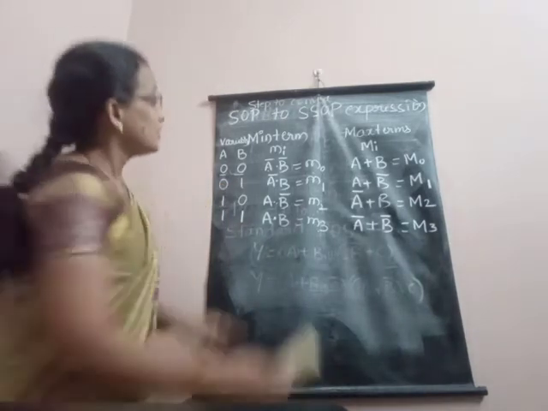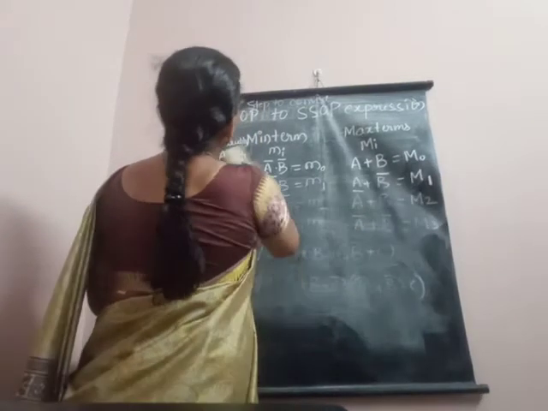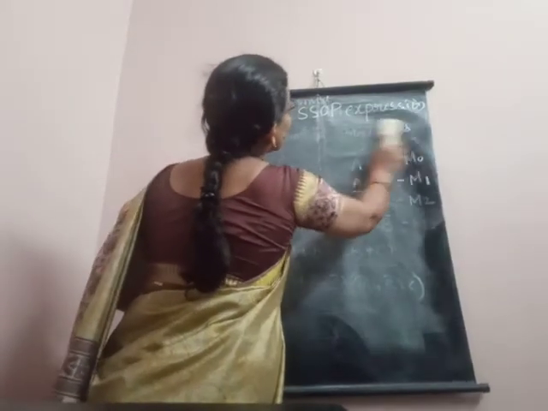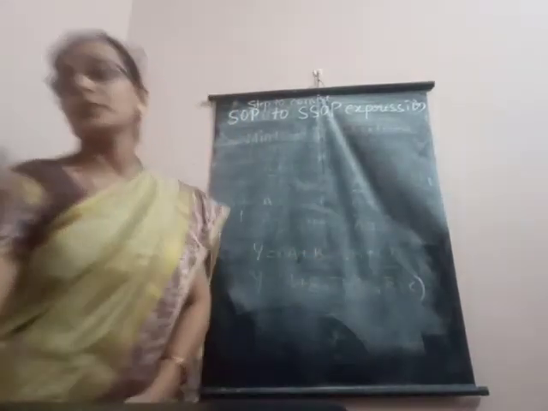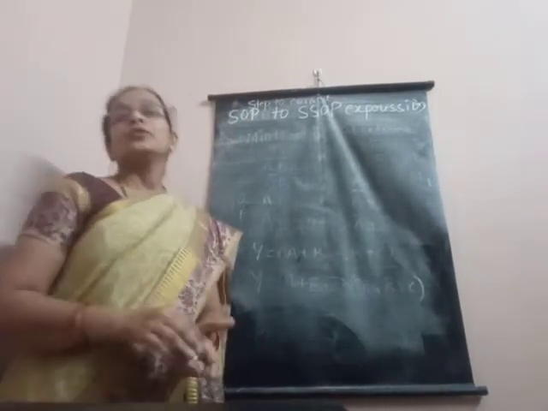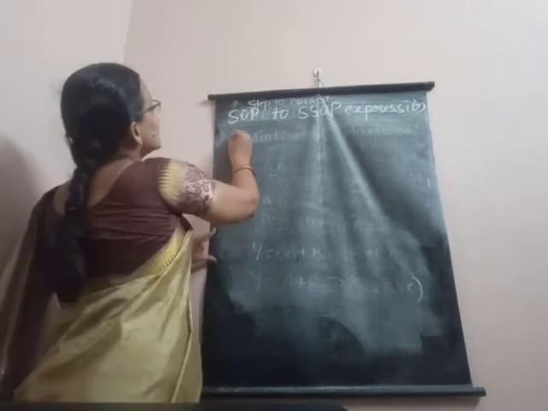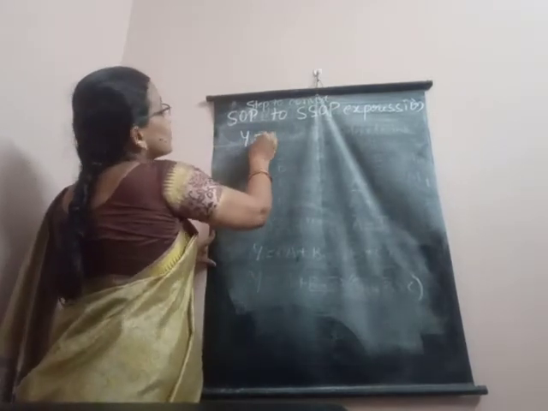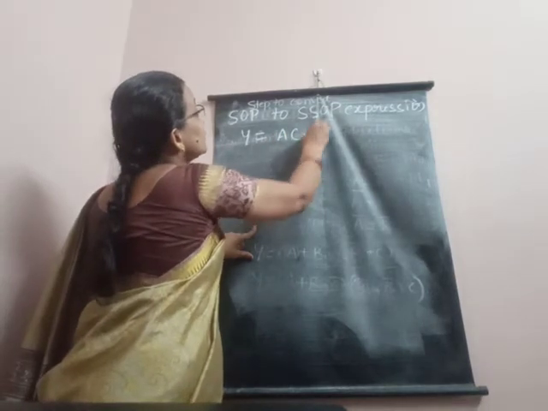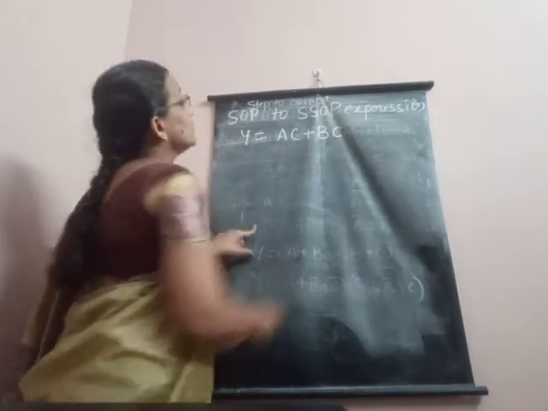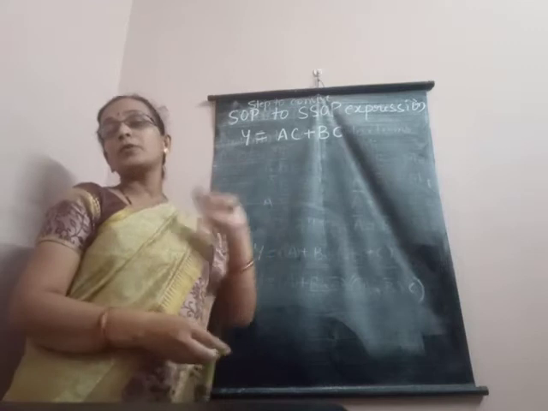Next we will go to the steps to convert a sum of product term to a standard sum of product term. Suppose the given expression is y is equal to AC plus BC. This is a sum of product expression.